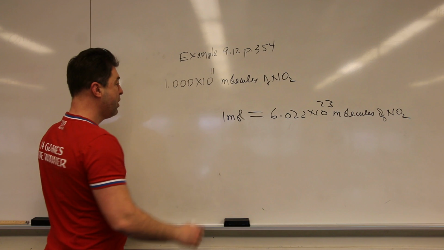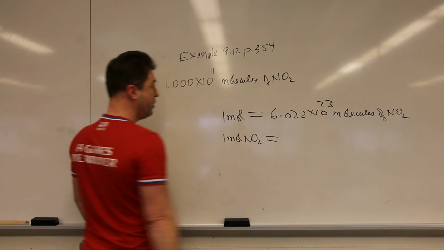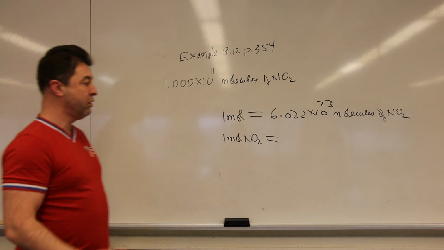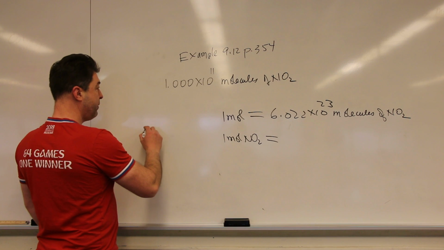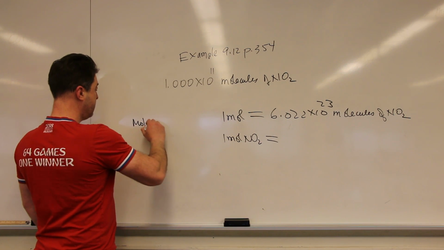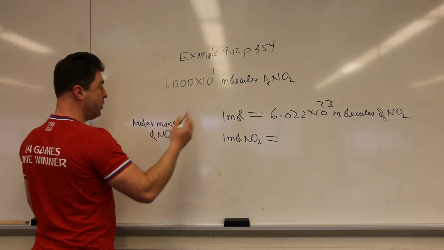But we also know that 1 mole of NO2, and we're now going to look at the periodic table and get the molar mass of NO2, and we know how to do this.